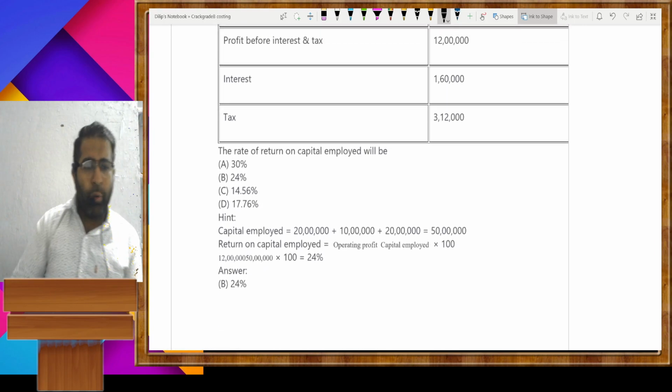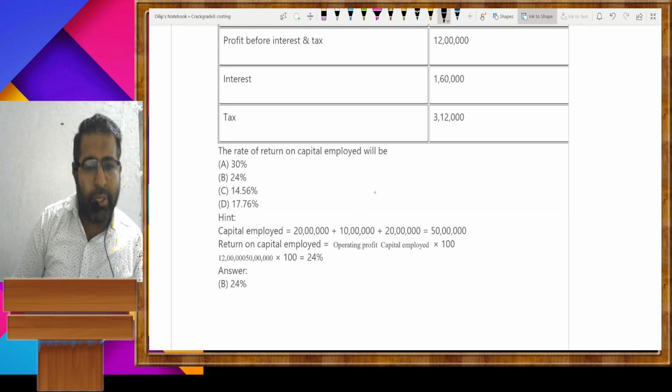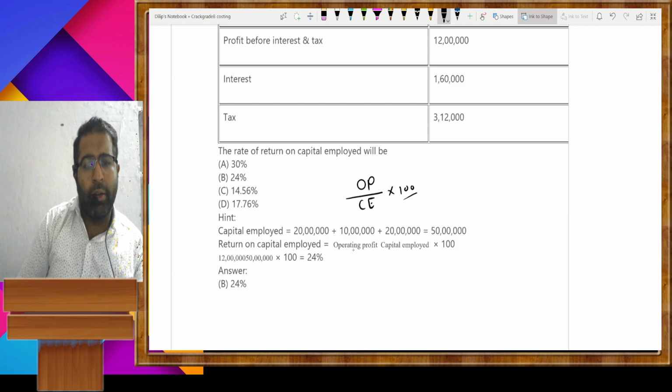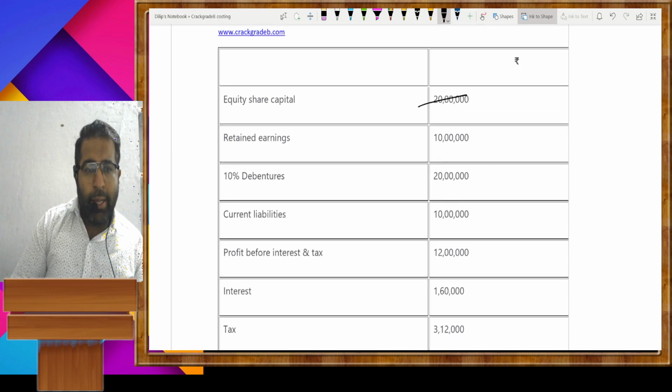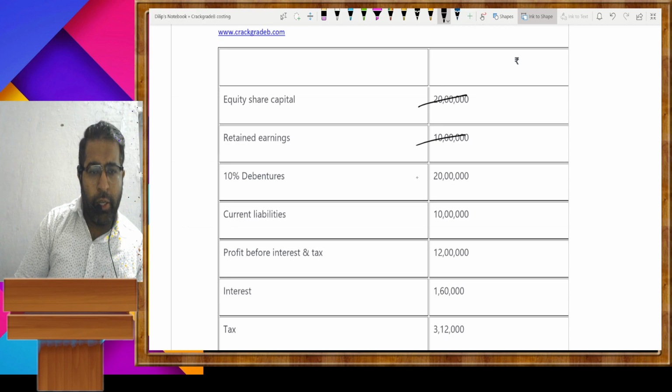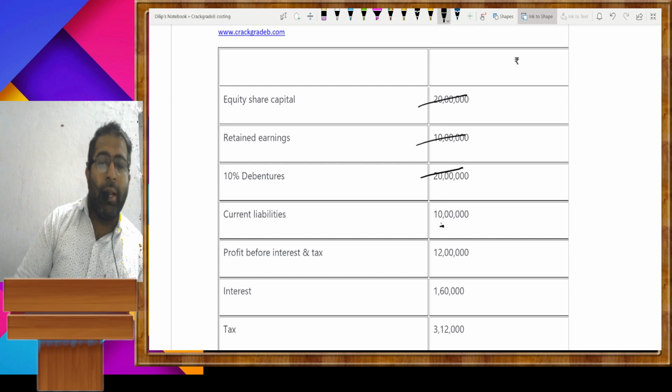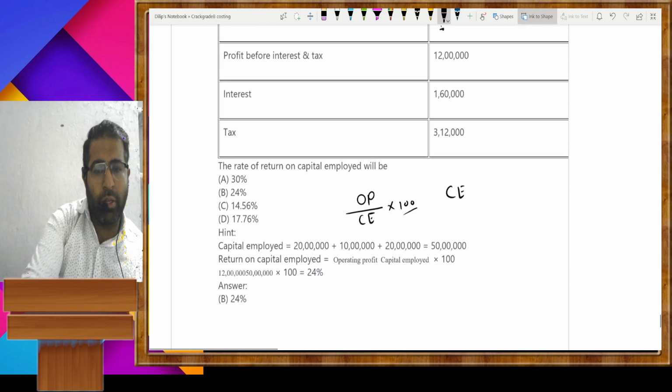Return on capital employed. How is the return on capital employed calculated? Operating profit divided by capital employed, multiplied by 100. Now, how is the capital employed calculated? Just add all things: 20 lakh equity share capital, retained earnings, debentures, but we don't need to include the 10 lakh because current liabilities are not included.